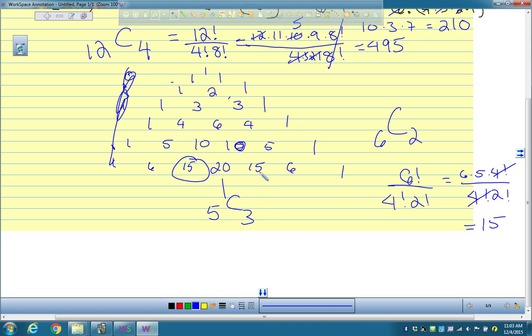So like this term right here, this would be 5 combination 3. This would be 5 combination 4. This would be 5 combination 5. Counting 0, 1, 2, 3, 4, 5, 6.